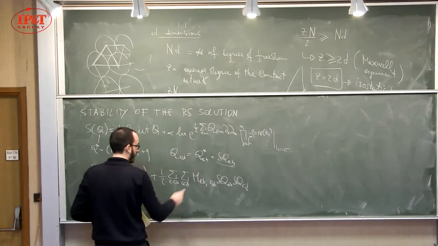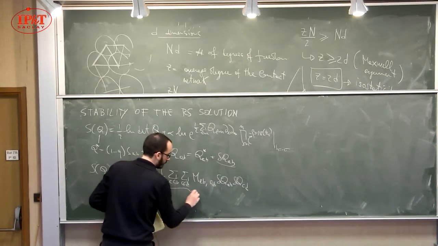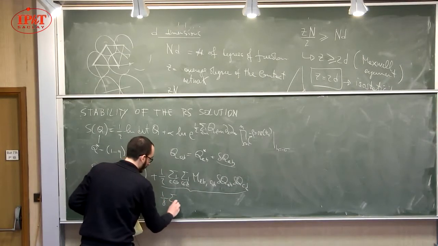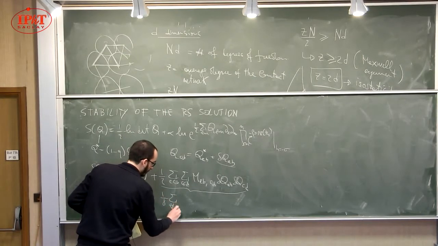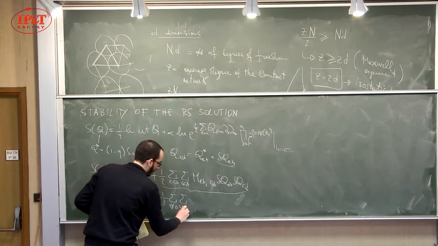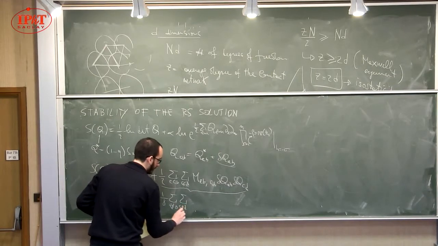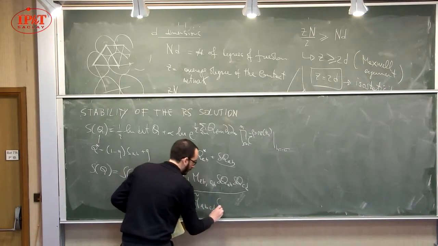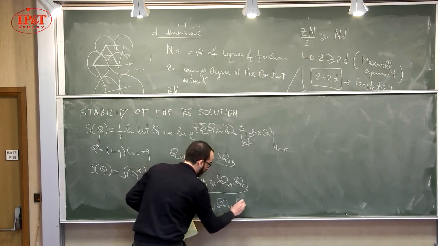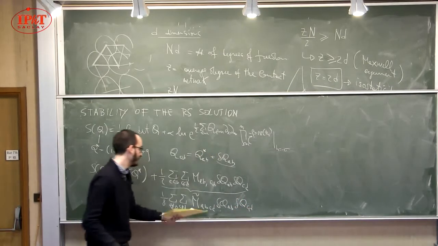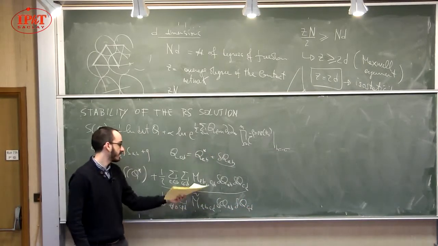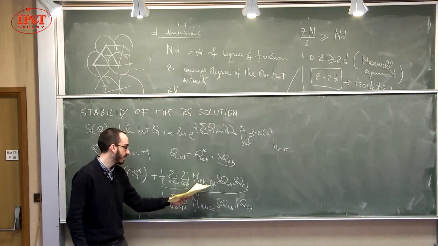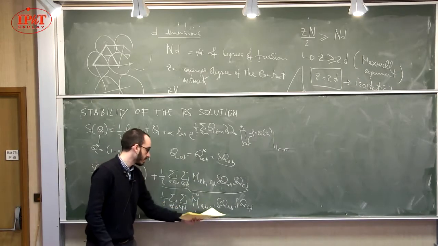So I can rewrite this term, symmetrizing everything, as 1/8 sum over A different from B, C different from D. So this operator here is obtained from this with a symmetrization. I just symmetrized this operator.